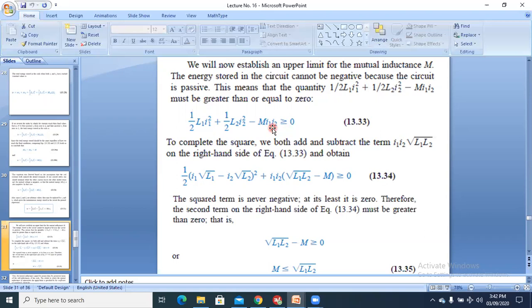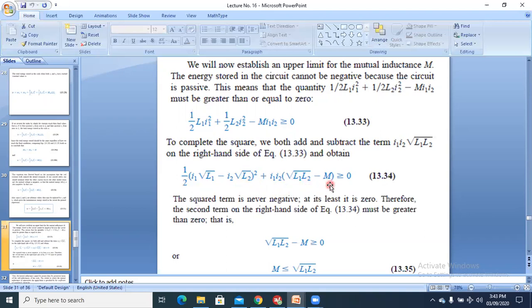After adding and subtracting, we get the square of this term, and we get the value of this term by taking I1 I2 common from the positive part. So now it has two parts.